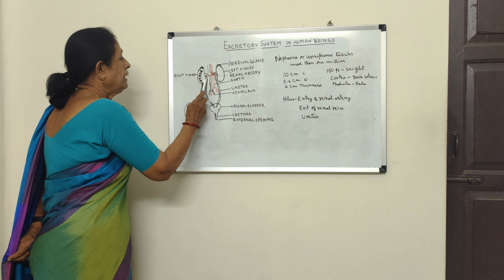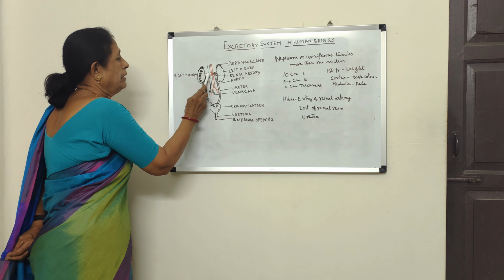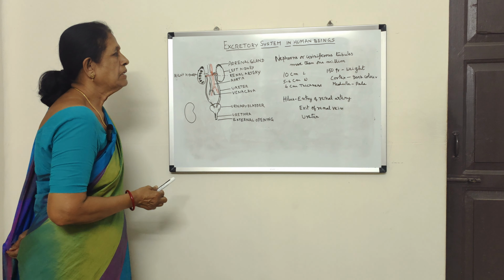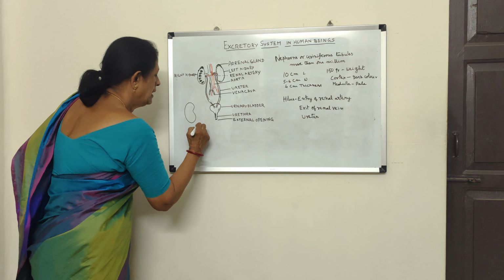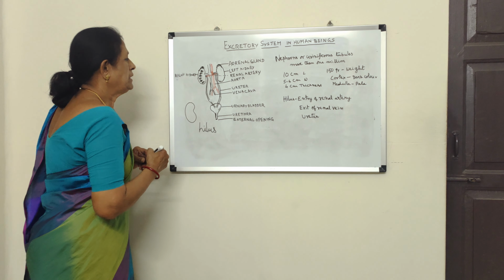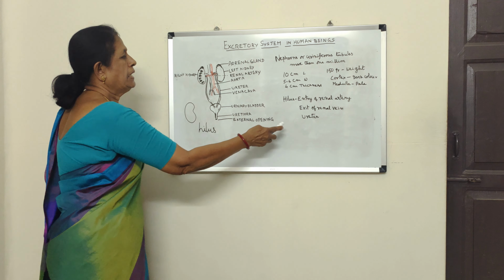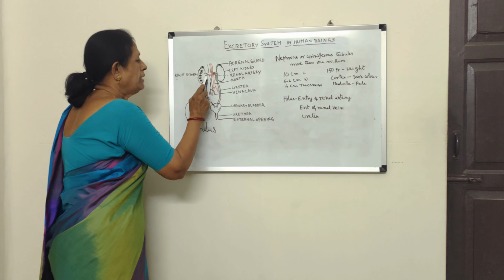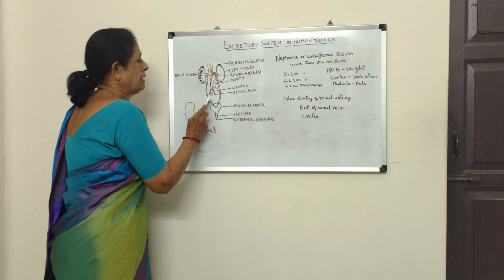On the inner side of the kidney, there is a small opening called the hilus, a small fissure, through which the renal artery enters and the renal vein exits, and a tube-like structure called the ureter passes through.